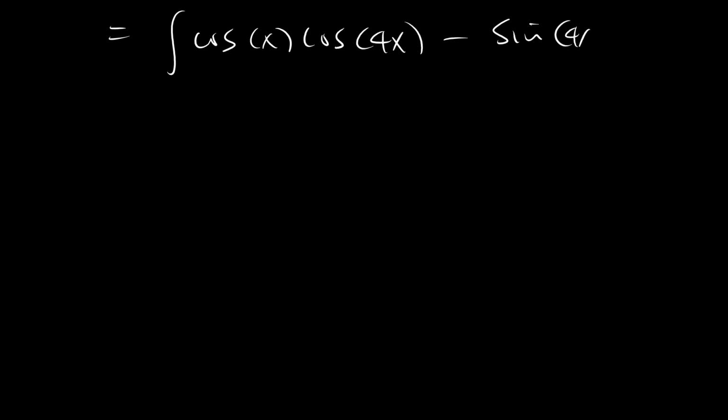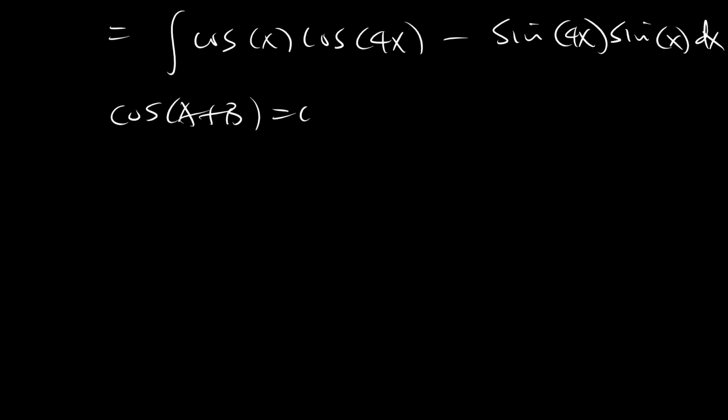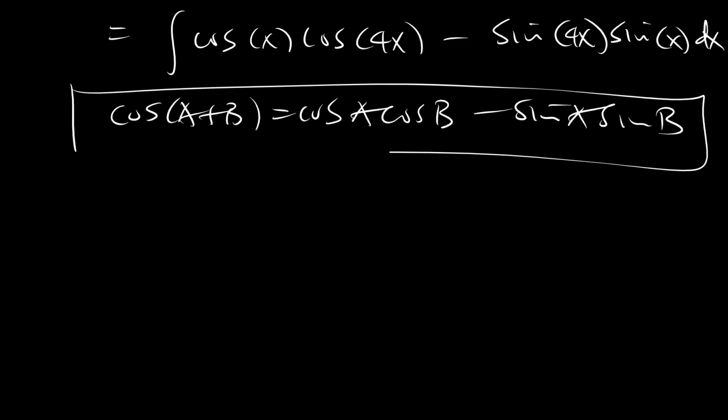Okay, so our problem now is better, and we know that cosine of a plus b is equal to cosine a cosine b minus sine a sine b, which is a key identity here.